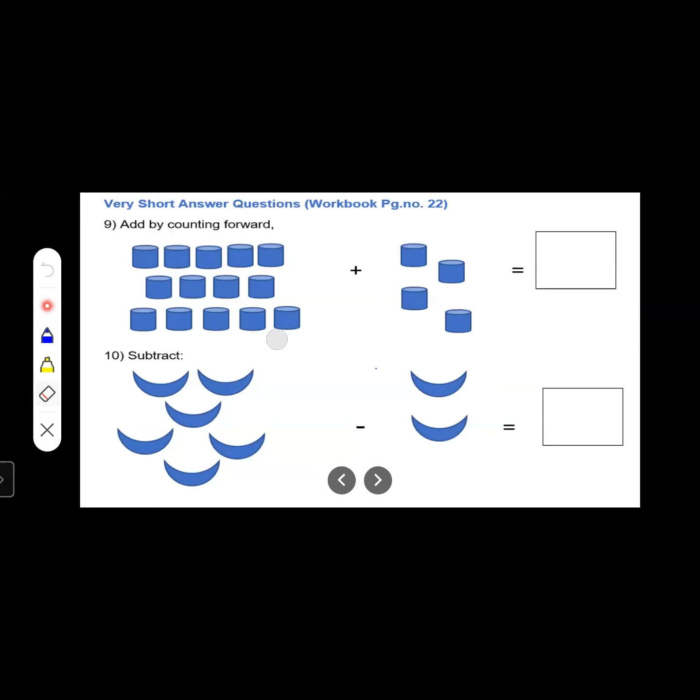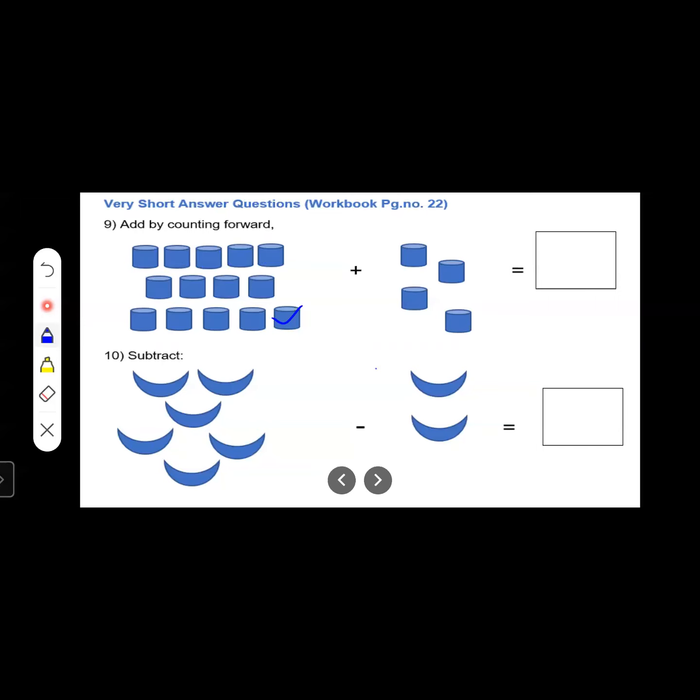Here how many cylinders are given, we have to count. This one. So let us start counting. 1, 2, 3, 4, 5, 6, 7, 8, 9, 10, 11, 12, 13, 14. How many cylinders are there? 14. Count it again.